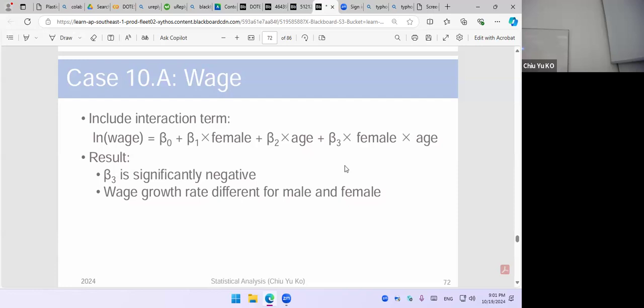And later we'll show the regression result that is actually negative. That means that females not only have lower wages, they also have slower wage growth. So that is probably the reason why men and women are making different wages.